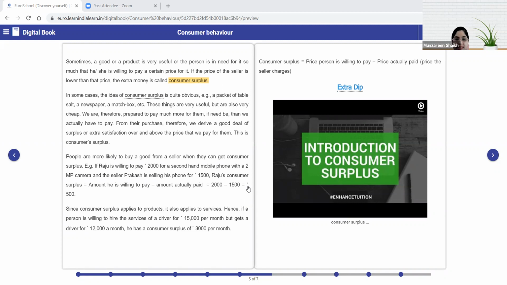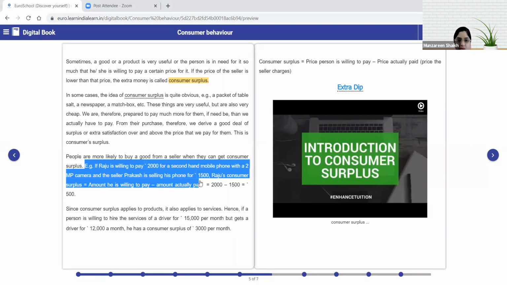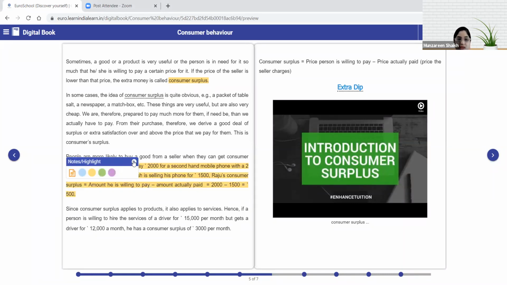So underline this. Please underline. Oh, I forgot to ask you to underline. Underline the entire example of Raju and Prakash, because only with the help of the example will you understand what exactly consumer surplus is. And then underline: consumer surplus happens even with services. It also applies to services.